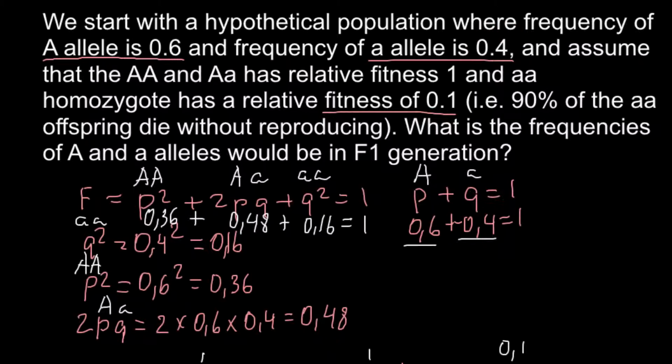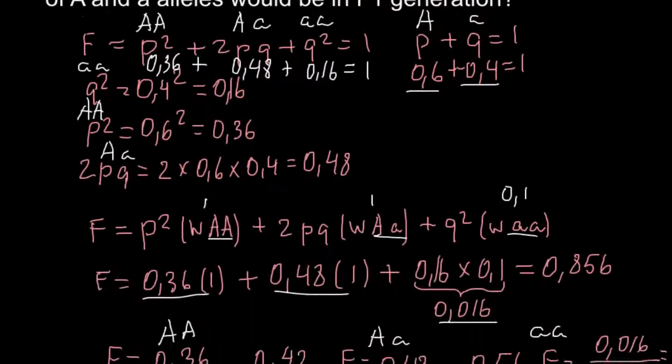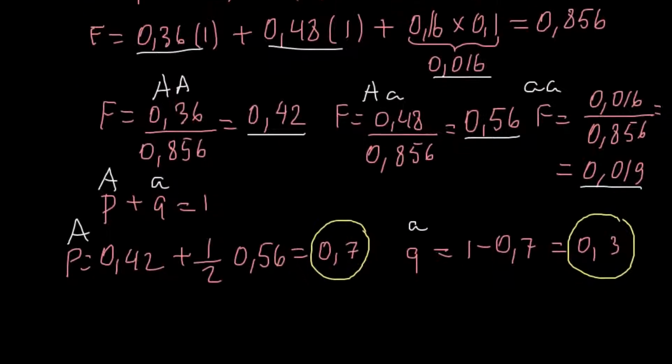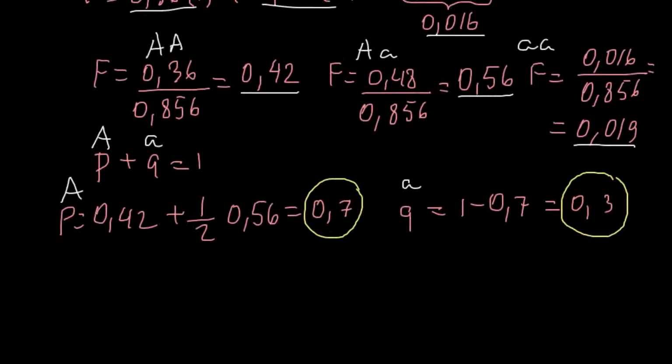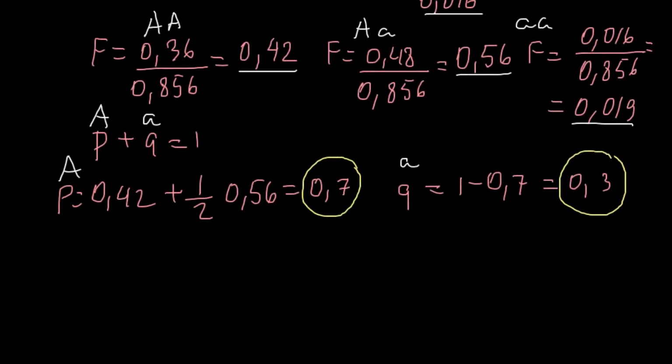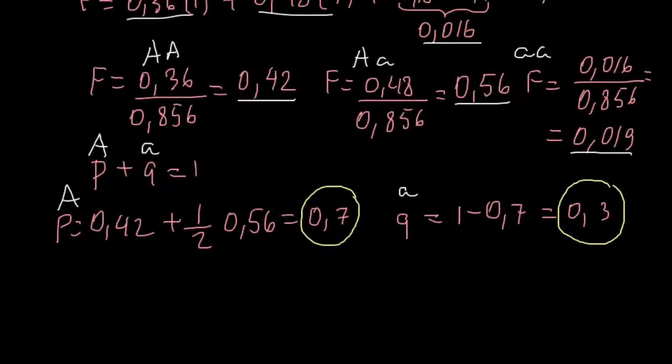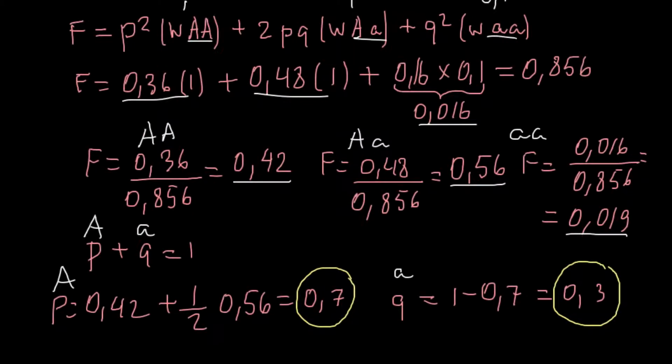So as you see, selection against the homozygous recessive genotype, with 0.1 relative fitness, would give us these new frequencies in the F1 generation.